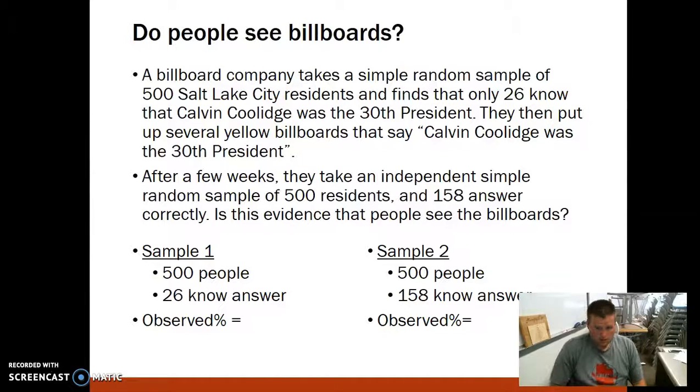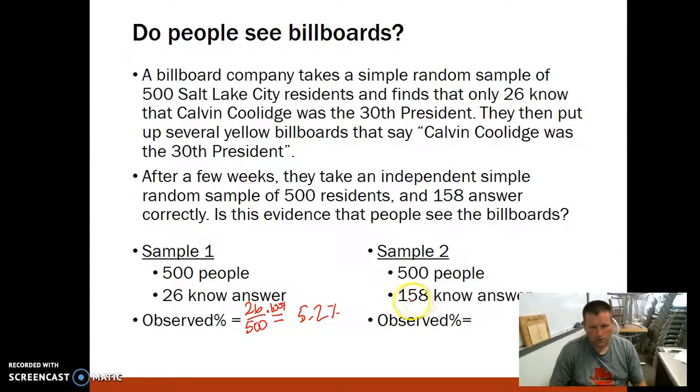Before I write my hypothesis, it would help if I know the observed percentage. So we're just going to find that. We know that 26 out of 500, so we're just going to go 26 divided by 500, and if you times it by 100%, that's going to give us 5.2%.